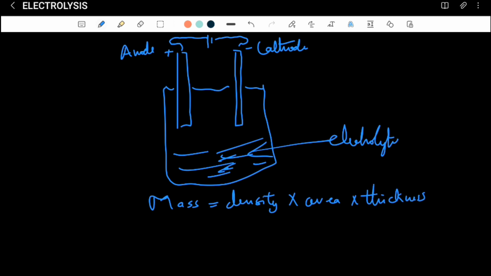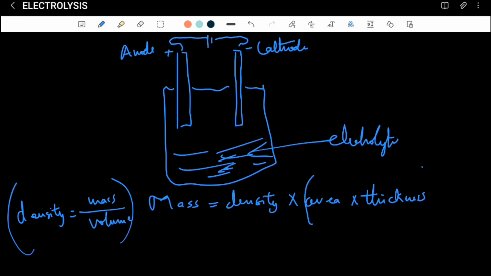Now, where did we come about this? Initially, density equals mass over volume, and then we made mass the subject of the equation. Area times thickness, that's the volume.